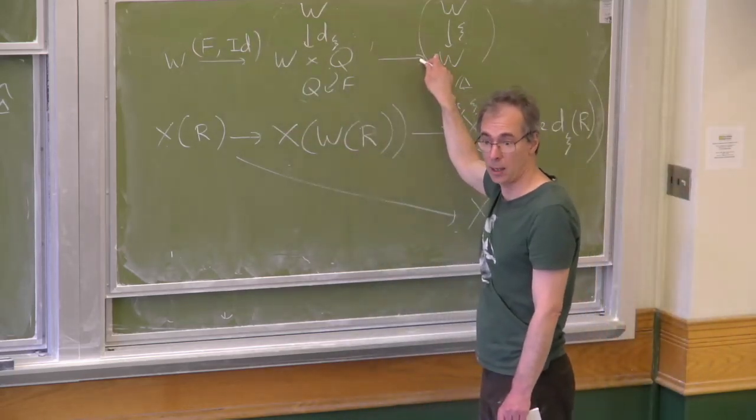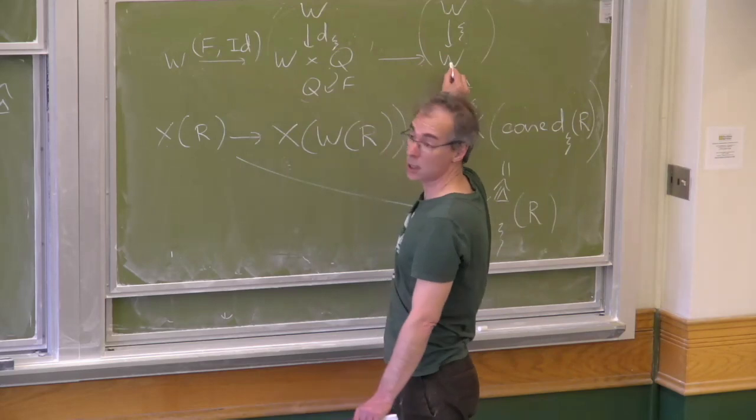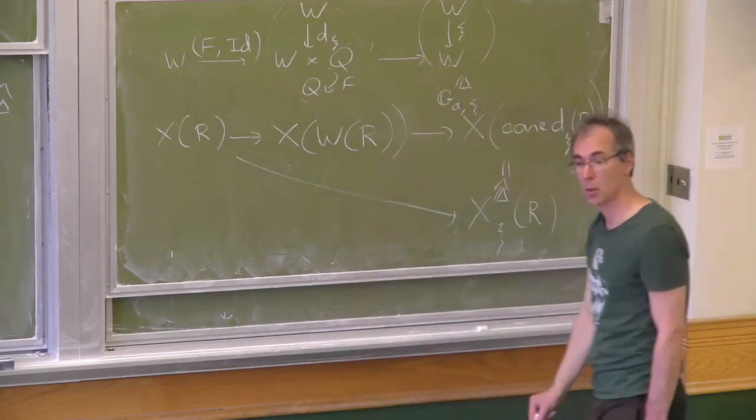It's Frobenius composed with the usual map. So this composition is given by the Frobenius.